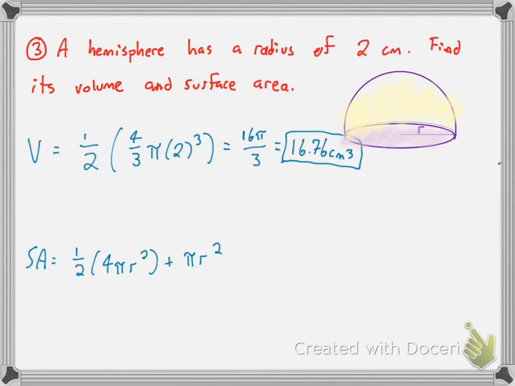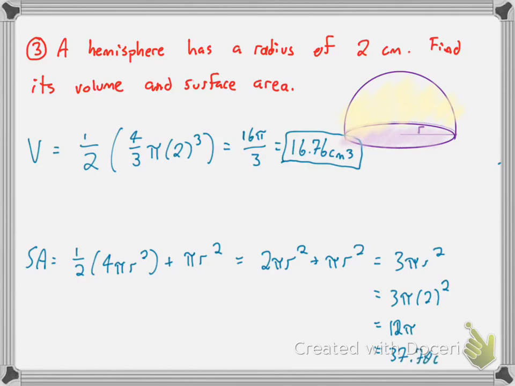So when I do that, I'm basically going to get 2 pi r squared plus pi r squared. That could just simplify to 3 pi r squared as my new surface area formula for a hemisphere. When I plug in 2 for my radius, I get 12 pi, which simplifies to 37.70 centimeters squared, and I'm done.